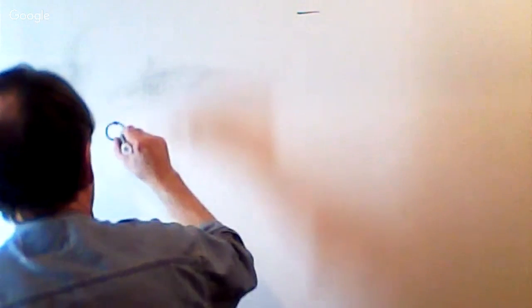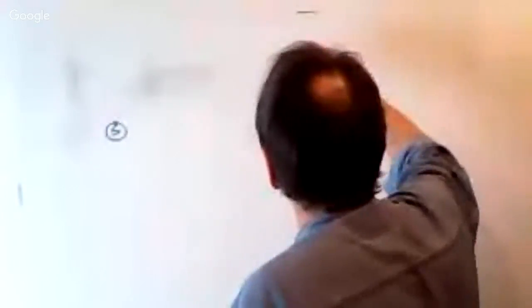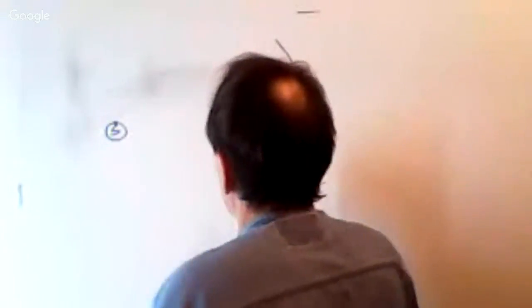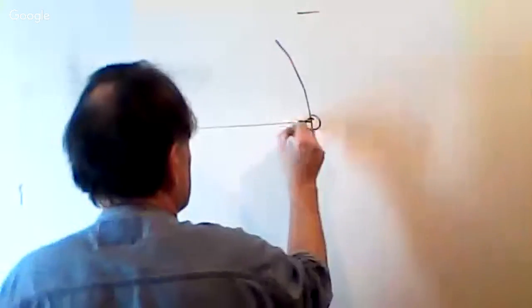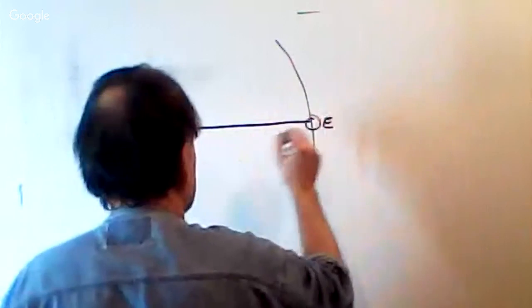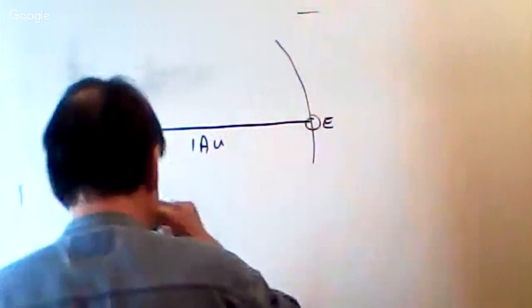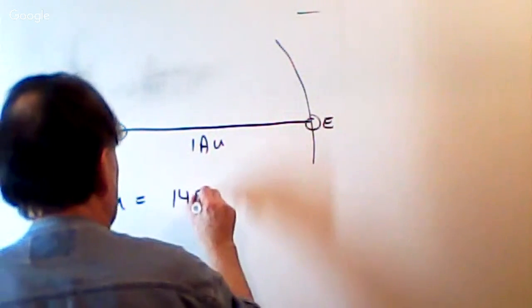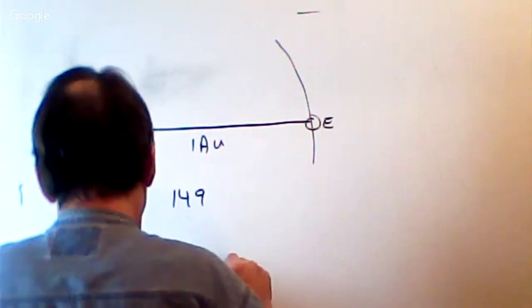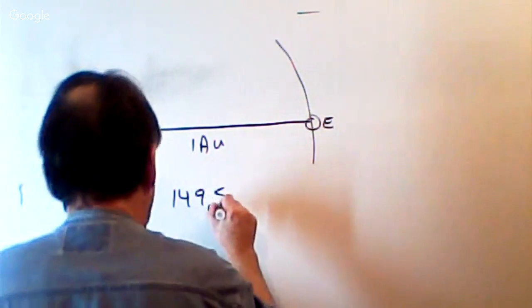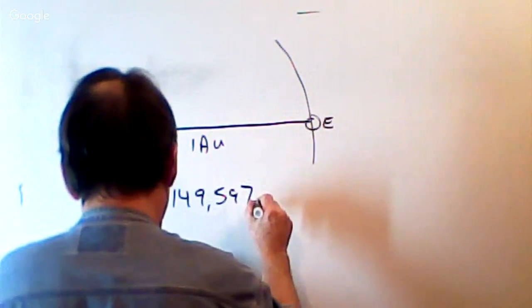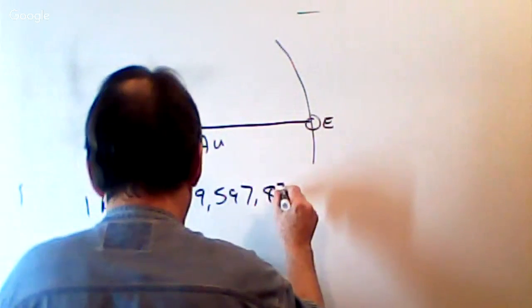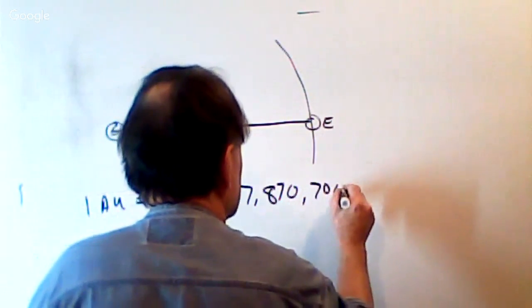Now, let's look at the Earth as it's orbiting about the sun. Here we have the sun, and the Earth is in its orbit about the sun. The distance from the Earth to the sun is 1 astronomical unit. 1 astronomical unit is 149,597,870,700 meters.